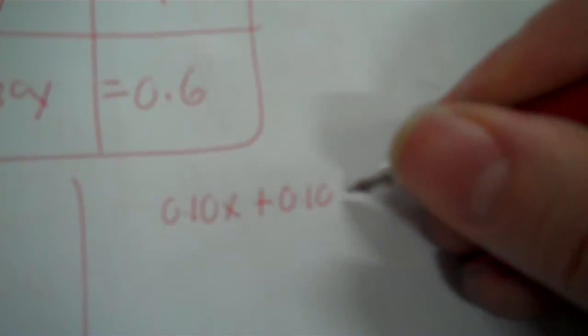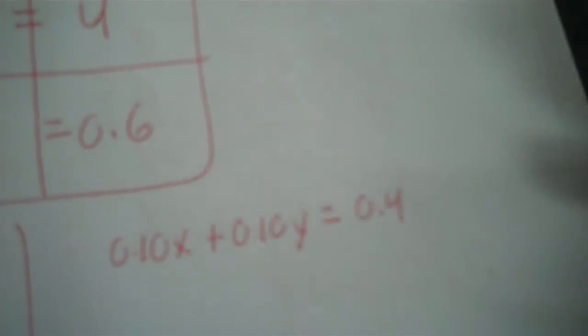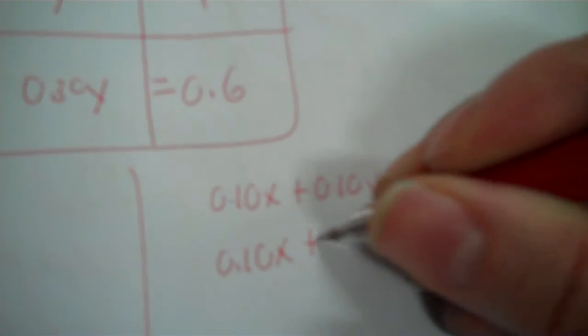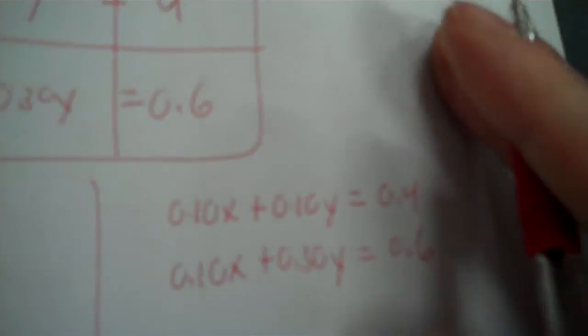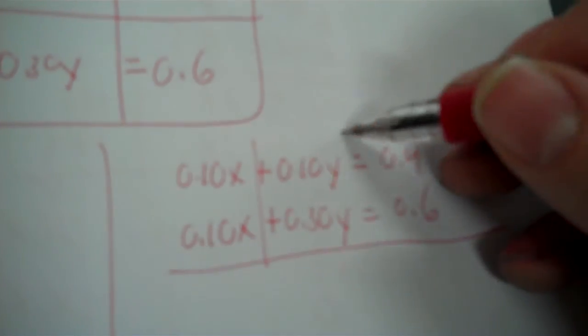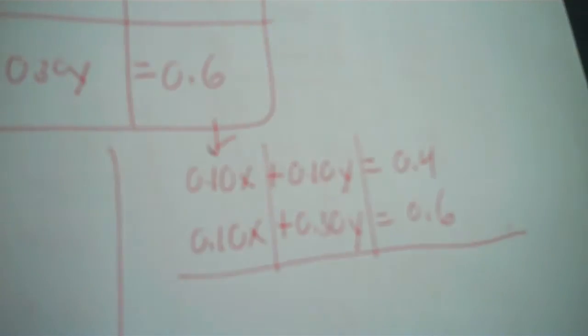So it's going to be 0.10x plus 0.10y. And 0.10 times 4 is 0.4. The bottom, you end up with 0. The bottom's just the identity property, meaning it just stays the same. Okay. This is where we're going for the elimination. Negative, negative, negative.